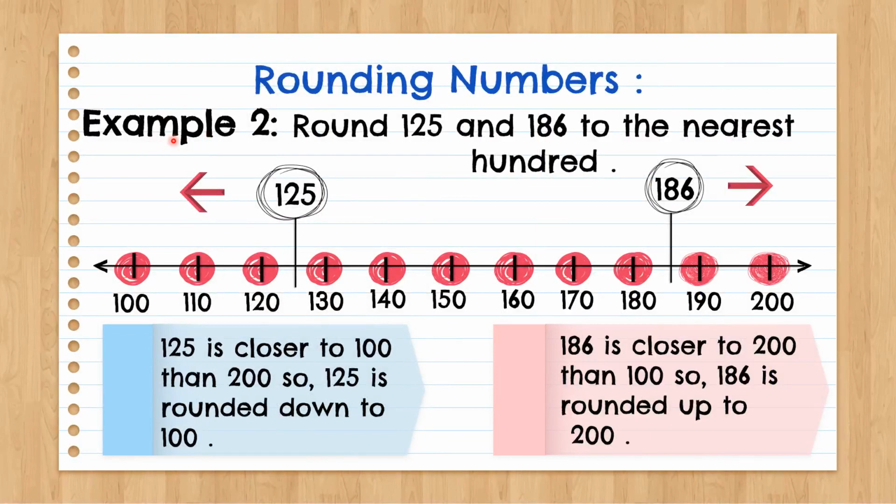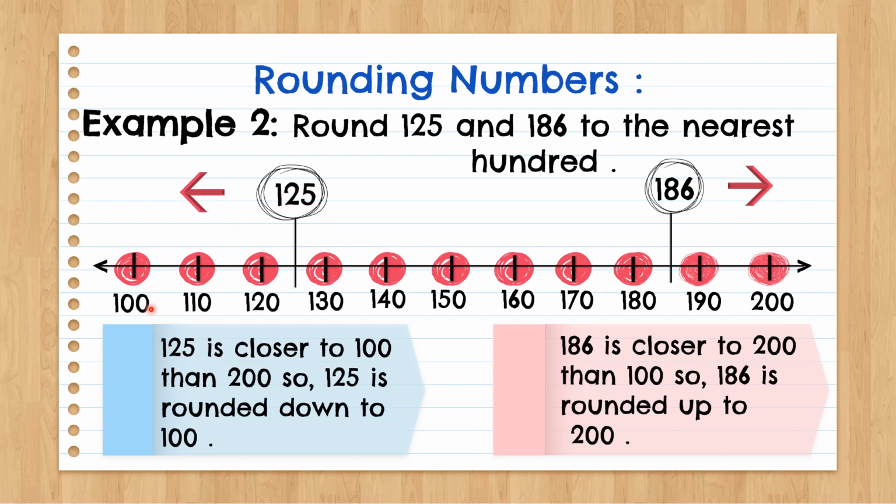Next example. Round 125 and 186 to the nearest 100. Again we will use a number line to round these numbers. Its number line starts from 100 and ends at 200. Now you can see 125 is near to 100.